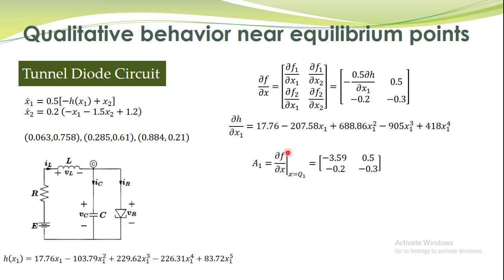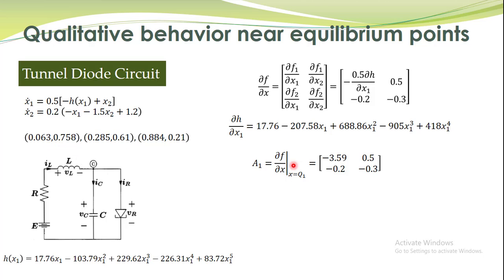So how did we define this A? A is the Jacobian matrix evaluated at the equilibrium point. Let's evaluate it at the first equilibrium point Q1. Simply substitute x1 equal to this thing and x2 equal to this thing into this matrix. You get this matrix, the Jacobian matrix evaluated at this first equilibrium point.